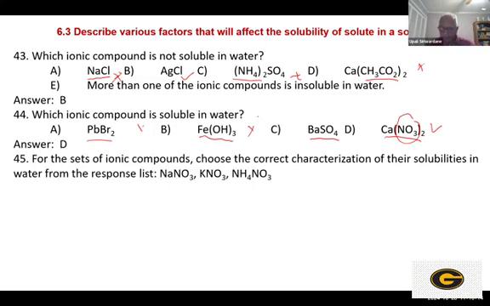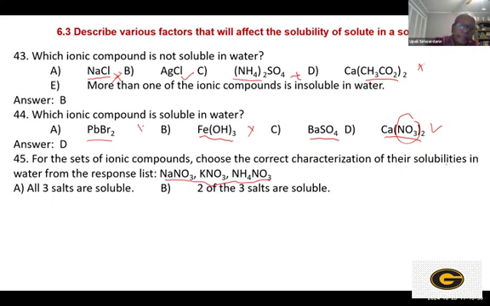So solubility of ionic compounds in water is based on solubility rules. Out of these three, which are soluble? This is soluble. This is soluble. All nitrates. Therefore, 3 salts are soluble. That's the correct answer.